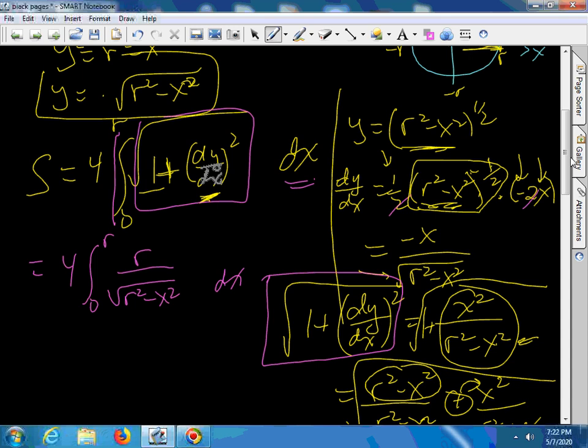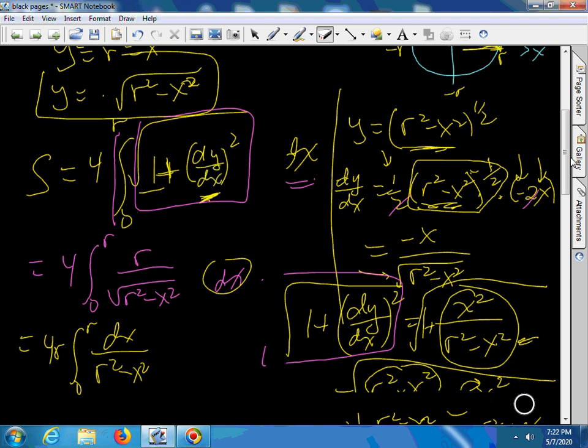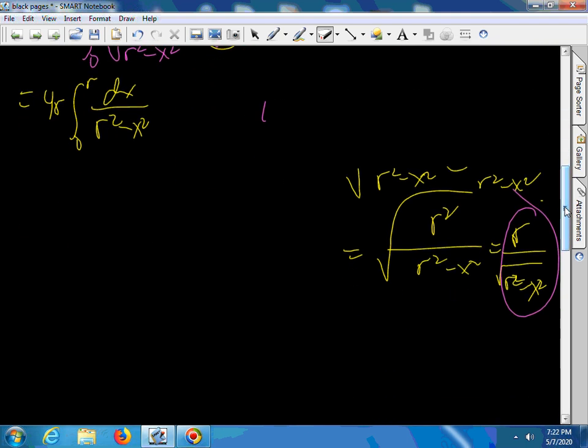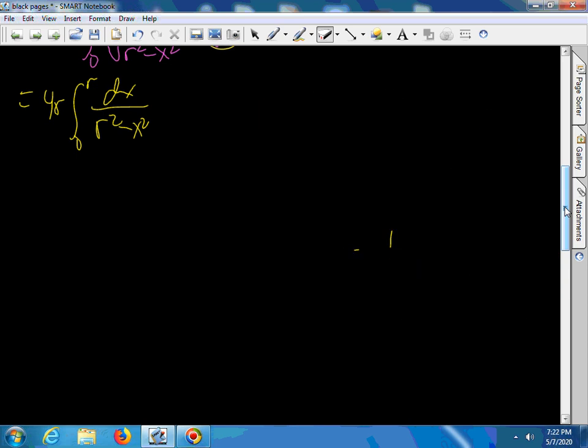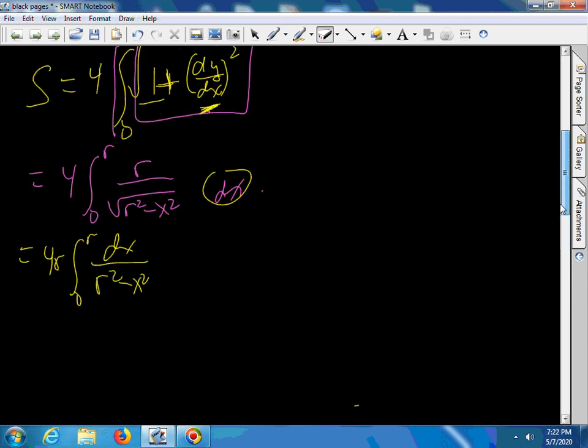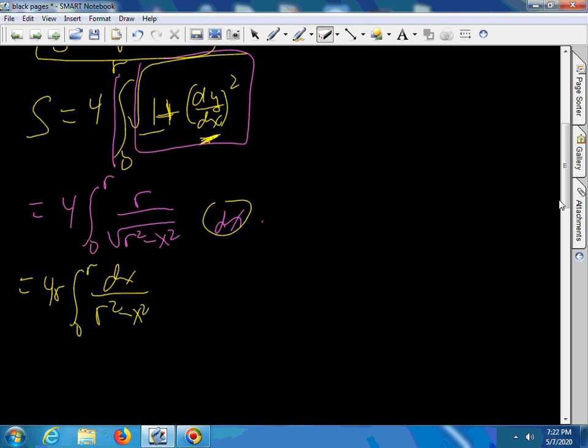Now, the first thing I would do is factor out the r. So it's 4r, the integral from 0 to r, dx over the square root of r squared minus x squared. Now, let me get rid of all of this side work. No longer needed. Okay. Oops, I have that typo. It clearly says square root.